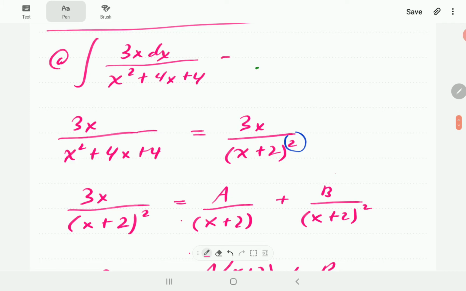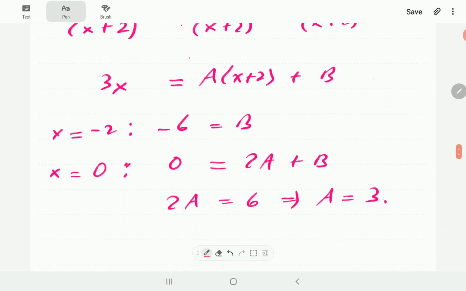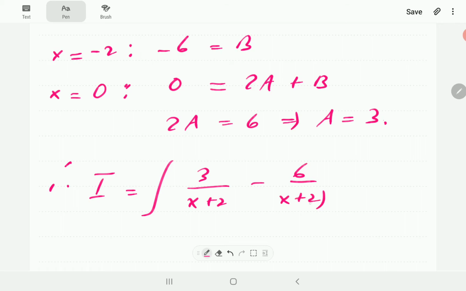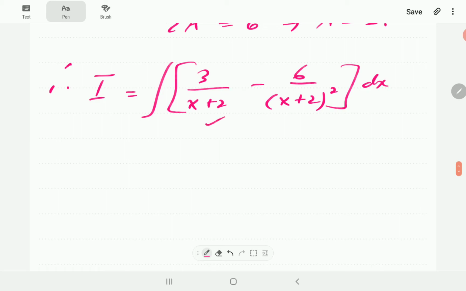So our integral is going to look as follows. We're going to have the integral of 3 over (x + 2) minus 6 over (x + 2) all squared. This first one is just going to integrate to 3 ln|x + 2|.